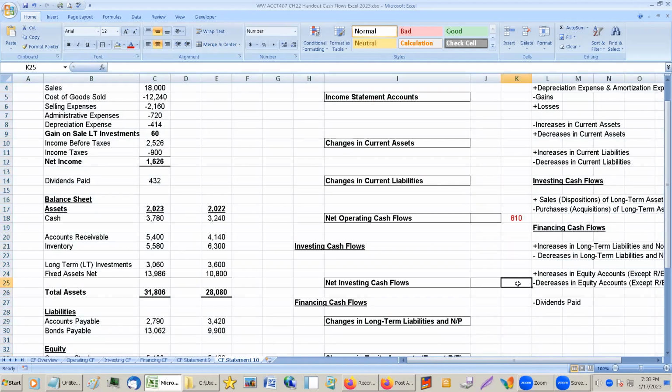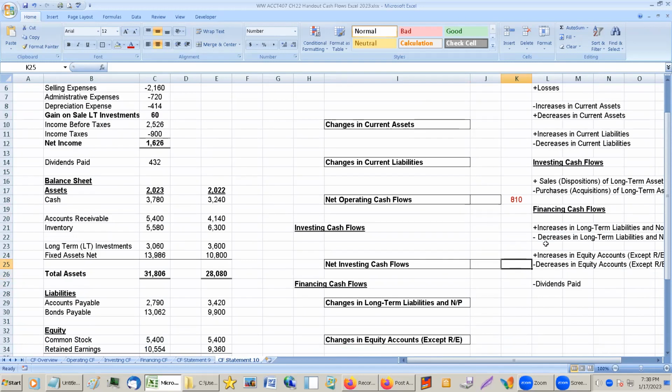Net investing cash flows, the check figure is negative 3,000.